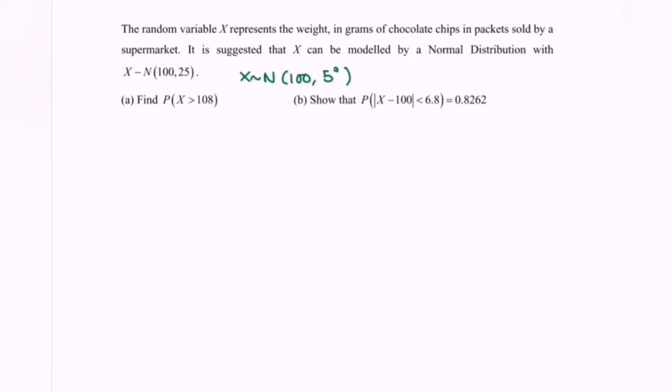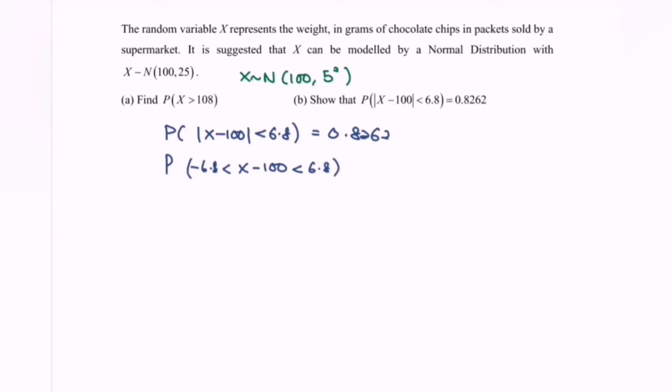B. Show that the probability that the modulus of x minus 100 is less than 6.8 is equal to 0.8262. Step number 1 is to define the situation, where the probability that x minus 100 is greater than negative 6.8 and less than 6.8.